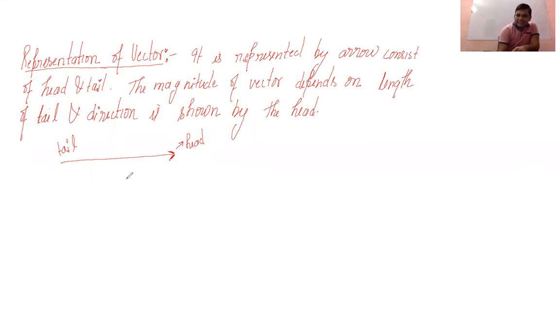If this is your A vector, it will be written like this but represented like this. If this is your B vector, it also has head and tail. Now you can say the magnitude of A vector is greater than magnitude of B vector. Why is it so? Because the A vector has a larger tail than the B vector. Got my point or not? Yes, sir.